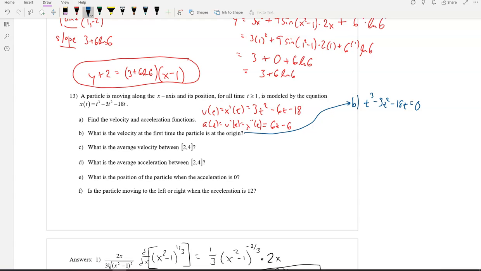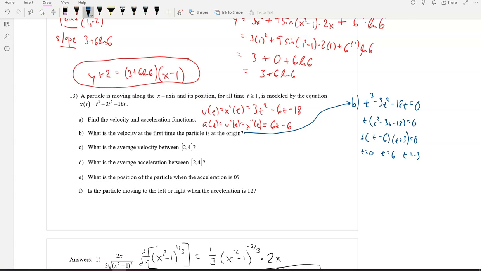Okay, and now we're going to bring in some of our pre-cal, algebra 2, algebra 1 skills here, factoring. So we'll take out a t, and we'll factor this quadratic here too. Would be t minus 6 times t plus 3. Okay, so we'll get that t equals 0, t equals positive 6, and t equals negative 3.